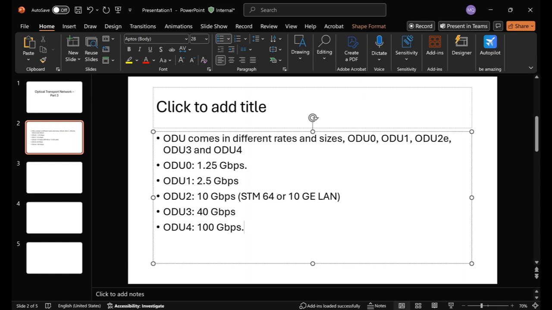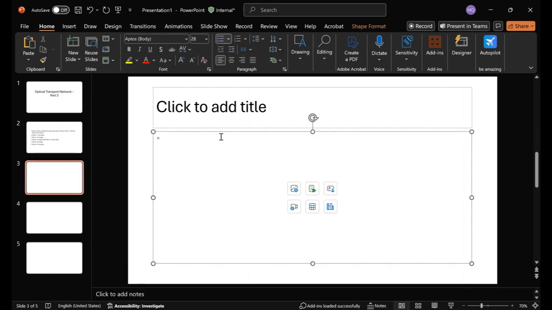Here is the key part. ODU multiplexing allows you to pack multiple lower rate ODUs into a higher rate ODU. For example, I will show on the next slide. Example.